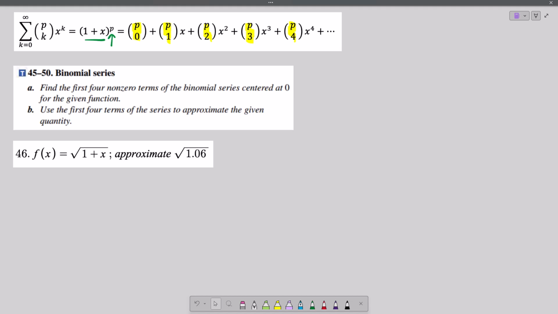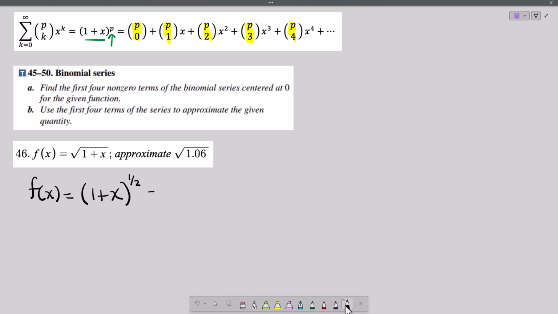Total pain with a square root. But if we recognize that it's just a binomial raised to a power, binomial is 2 terms, raised to that power, then we can just do the binomial expansion, and we already know the interval of convergence. We are going to save a lot of time.